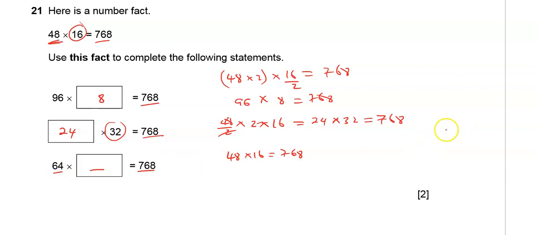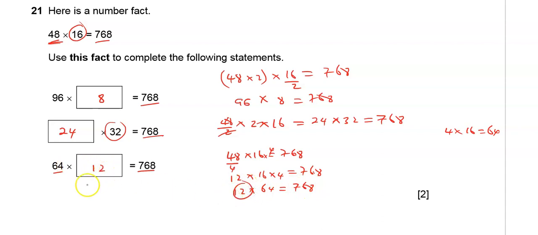That number is 4, 4 times 16 is 64. So now we divide 48 by 4 and multiply 16 by 4. When you divide 48 by 4, you get 12 times 16 times 4 is 768. Therefore, this is going to be 12 times 64 is 768, and our number is 12.